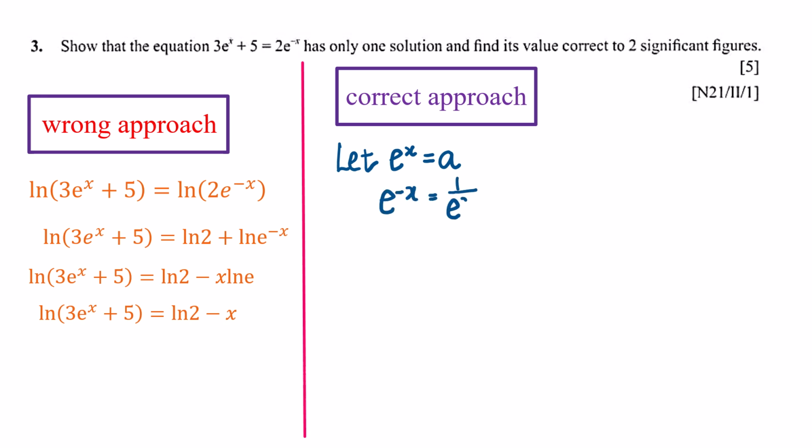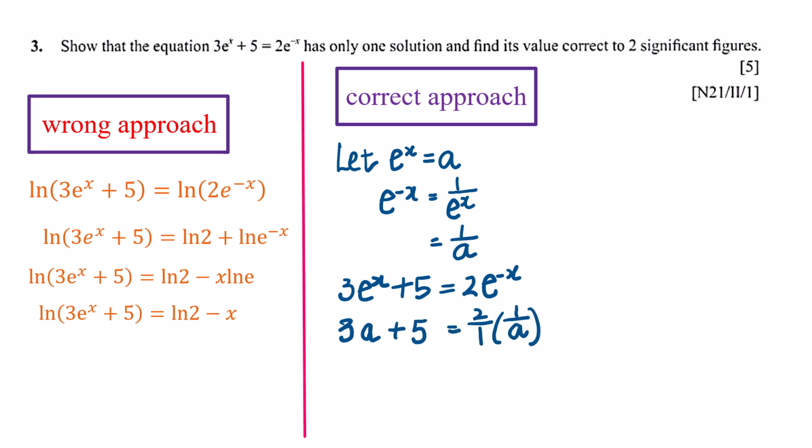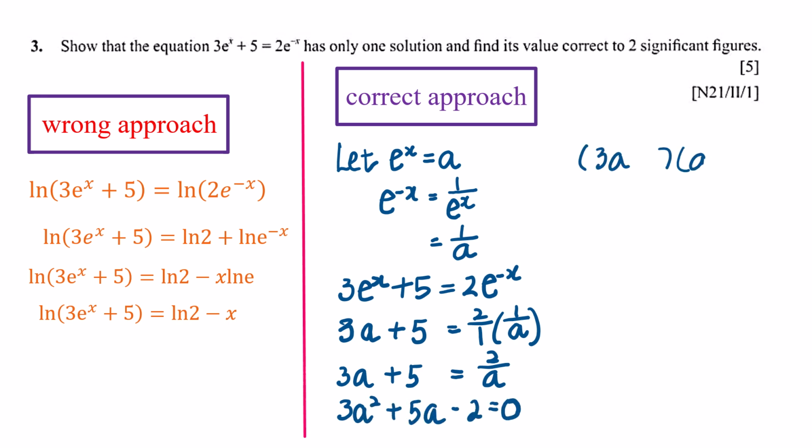And then you just replace e to the power of x with a and e to the power of negative x with 1 over a, multiply by a throughout to form a quadratic equation. Factorize it, and you will get two values of a, which are 1/3 and negative 2.